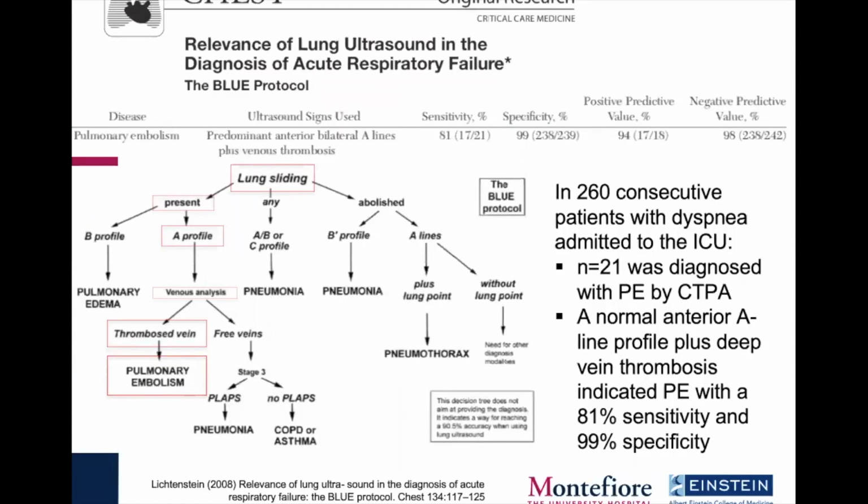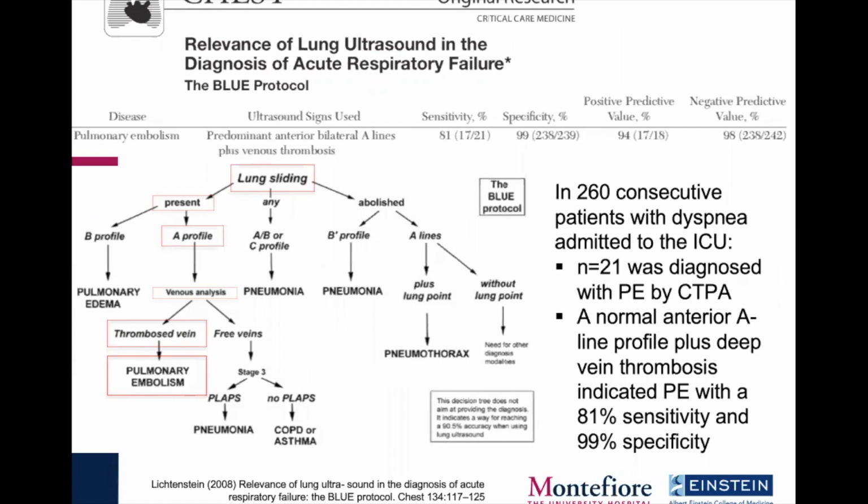So this was the study that generated the BLUE protocol I referenced earlier. Published in 2008 in 260 consecutive patients who presented with dyspnea to the ICU. 21 patients were diagnosed with PE by CTPA.